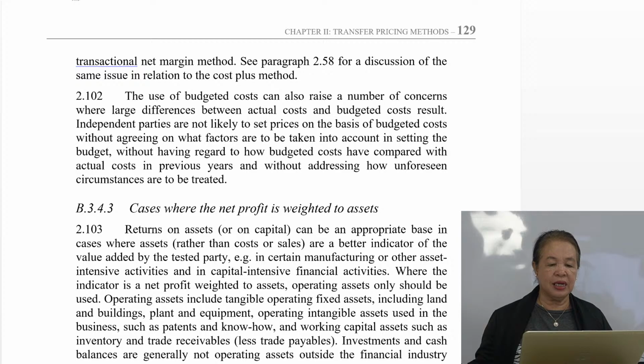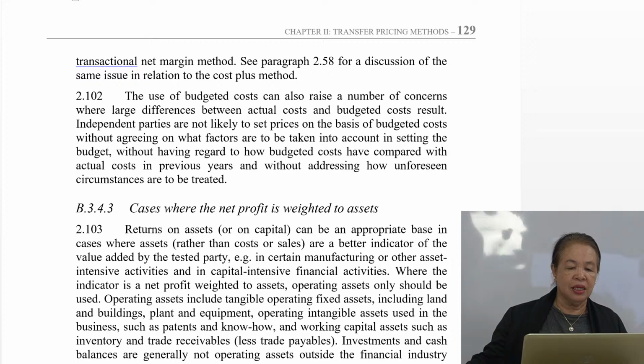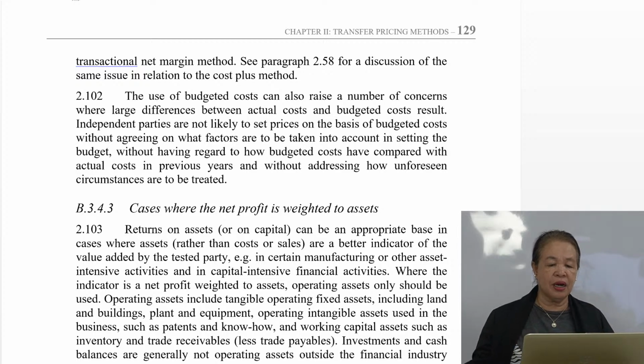Independent parties are not likely to set prices on the basis of budgeted cost without agreeing on what factors are to be taken into account in setting the budget. So without having regard to how budgeted costs have compared with actual cost in previous years and without addressing how unforeseen circumstances are to be treated. No? So natutulog na yung ating ano?